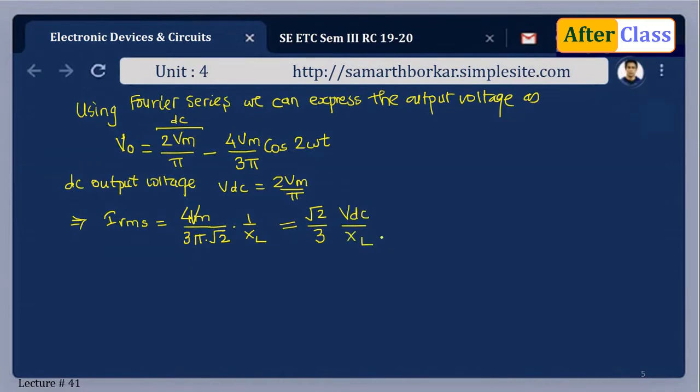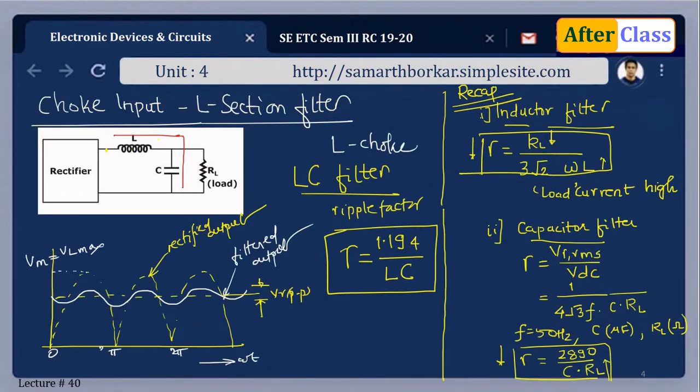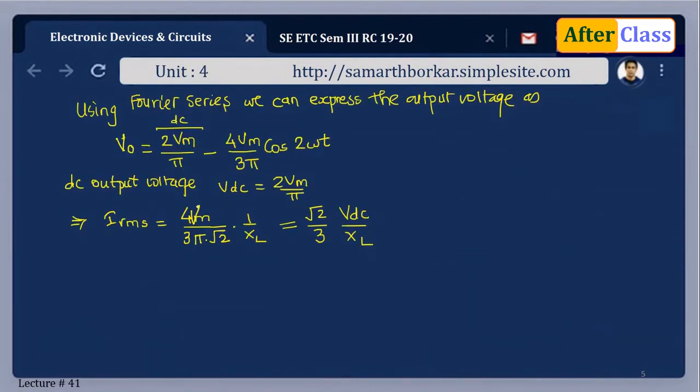Now this current is flowing through XC. Right now what we are calculating is this current which is flowing through this XC. Xc is the reactance offered by the capacitor. So the current flowing through Xc creates the ripple voltage in the output.